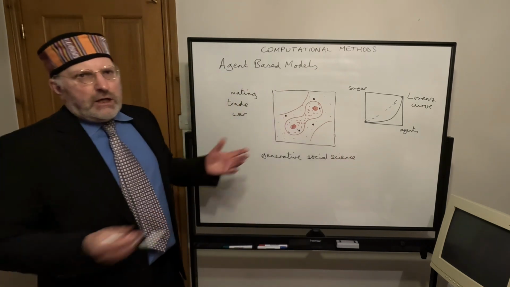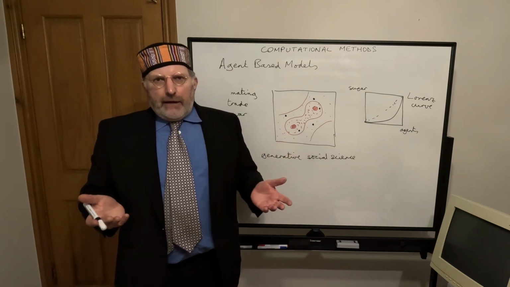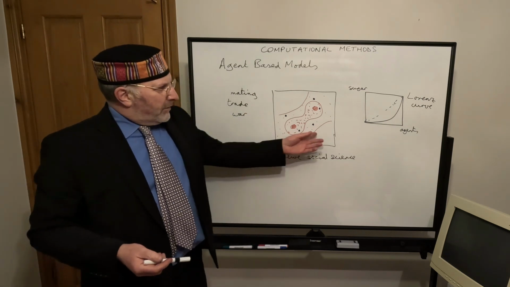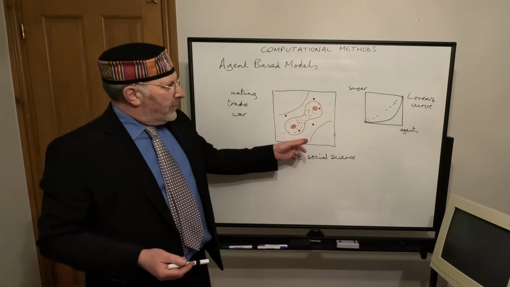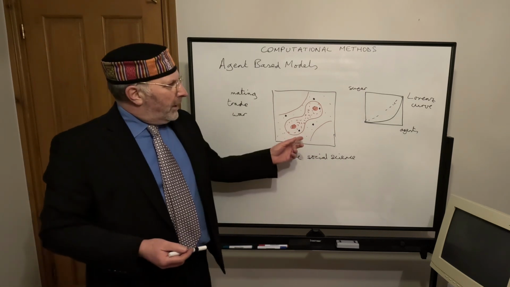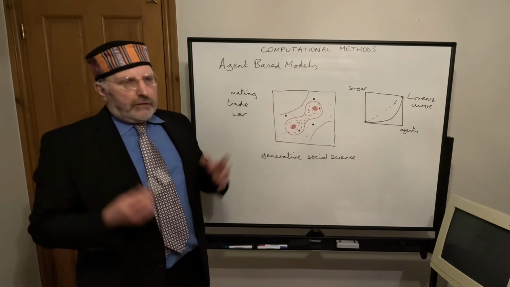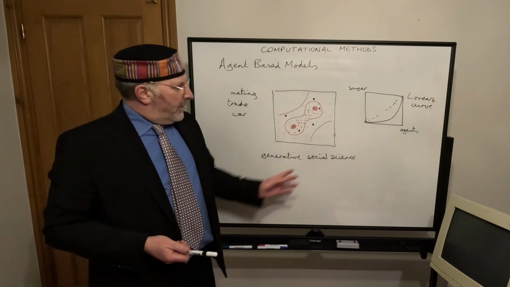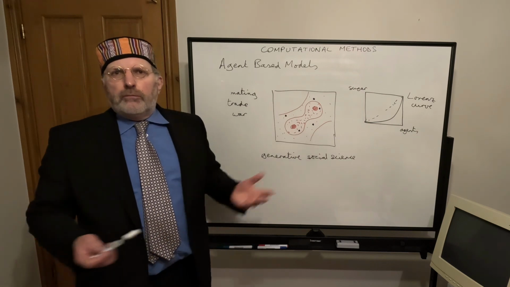So instead of sitting in your study, scratching your head and thinking about how societies work and writing it down, they suggest you go down to the computer and you come up with your rules and you play around until you can produce the patterns you see in society. And then it's not arguable. You've actually generated that behaviour and shown that your rules must be the ones that apply.